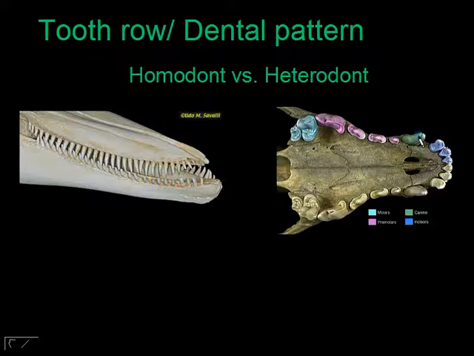Each one doesn't have to be completely different from the other, but there are sets of different kinds of teeth. Of course we are heterodonts, most of us. And those that aren't heterodonts, well, you have cetaceans: whales and dolphins have homodont dentition.